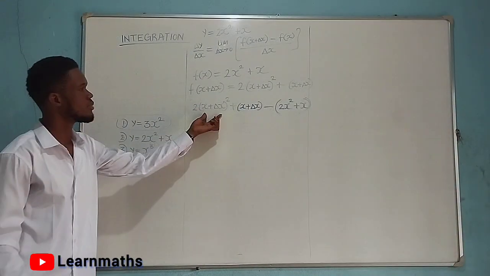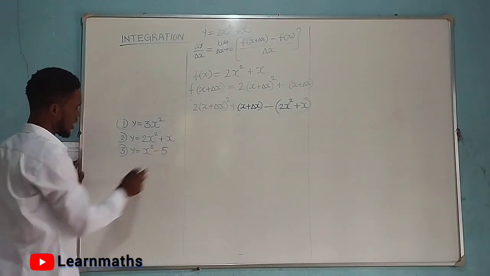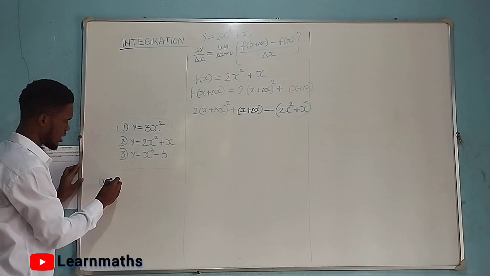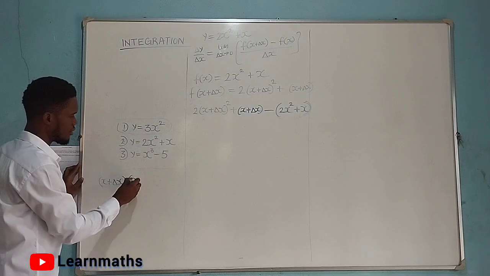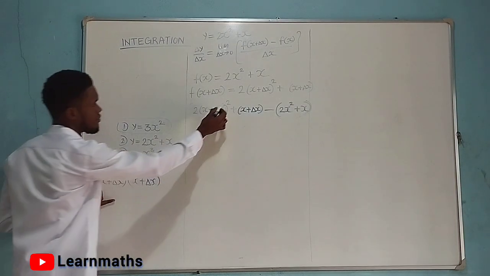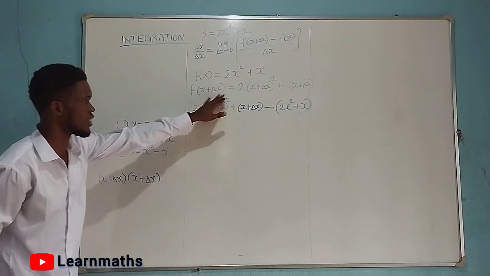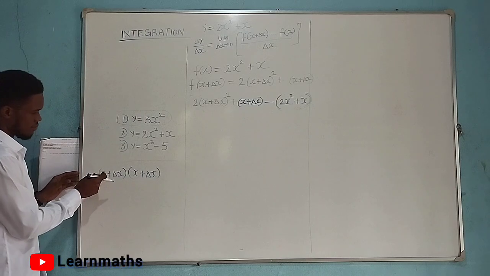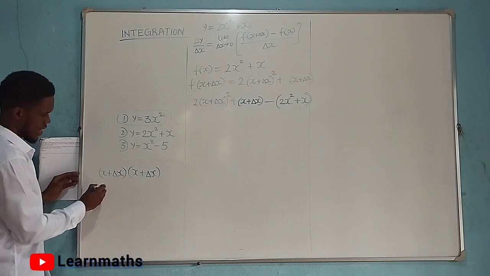Opening this bracket, (x plus change in x) squared, we are going to have x plus change in x multiplying another x plus change in x, in two places since we have square there. If we have something like cube, we will multiply in three places. So x times x, that's x squared.